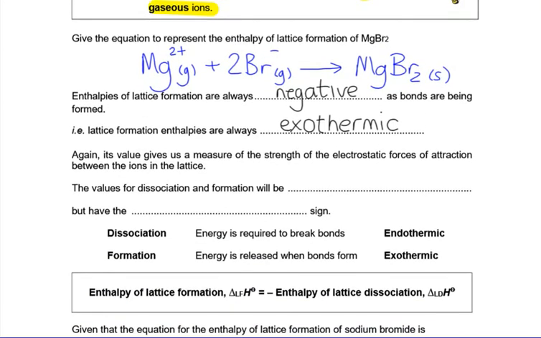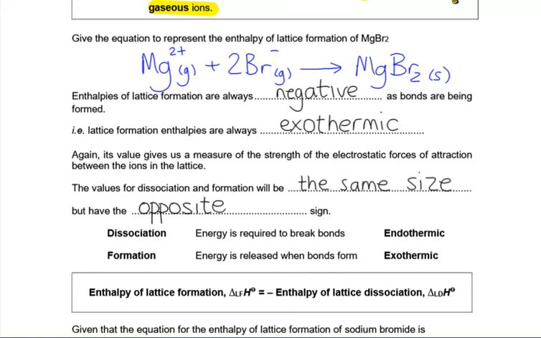So again, it's a measure of the strength of the ionic bond. What we can say about the two processes is the value for dissociation and formation of the same compound will be the same size. If you want to use the mathematical term magnitude, you could, same size, but have the opposite sign.